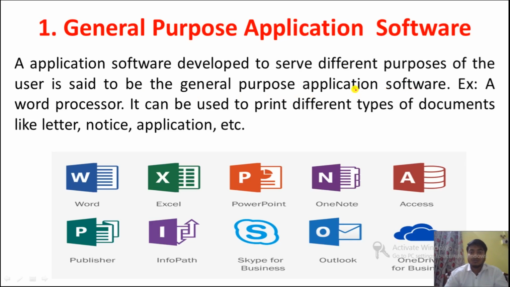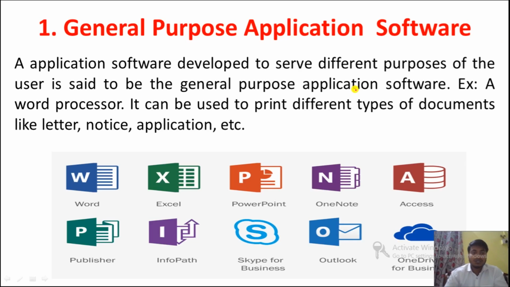We are the users, and most of the time we use this general purpose application software to write a letter, notice, application, or take a printout. These are general work.